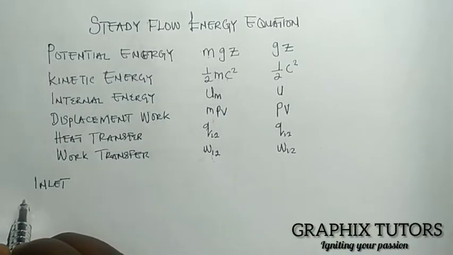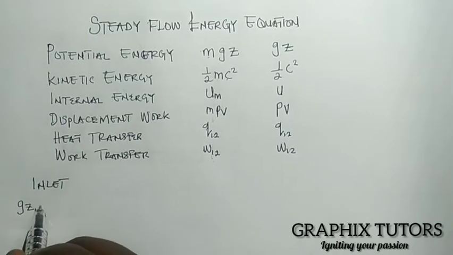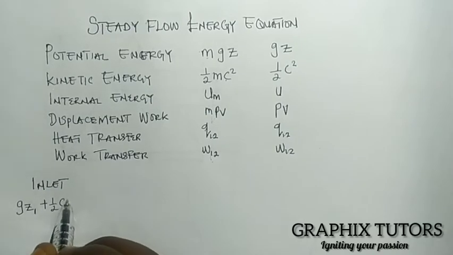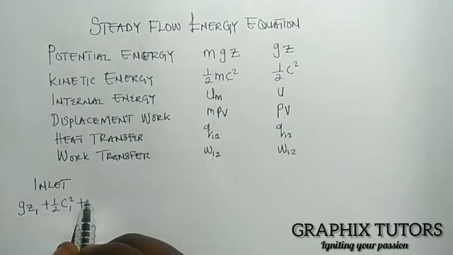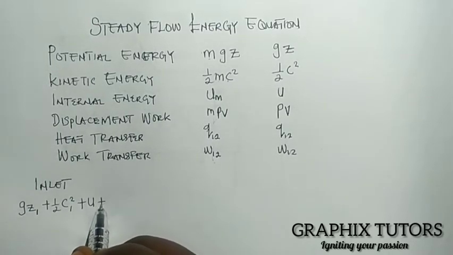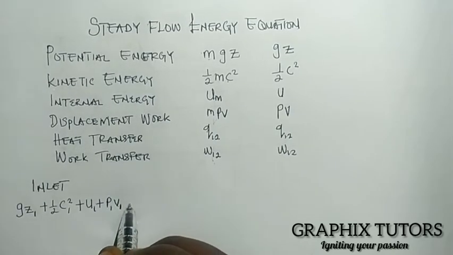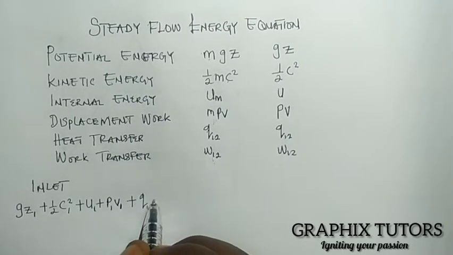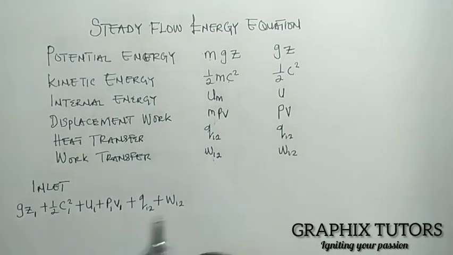So we have the potential energy gZ1 because of the inlet, plus the kinetic energy, half C1 squared, plus the internal energy U1, plus the displacement work P1V1, plus the heat transfer Q12, plus the work transfer W12, right? Now, this is the inlet.